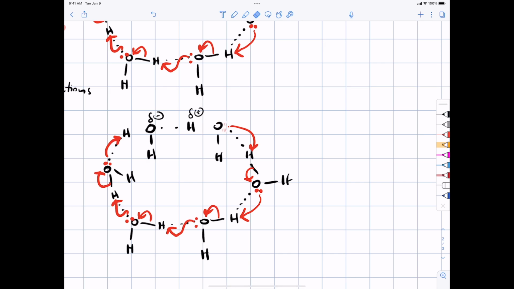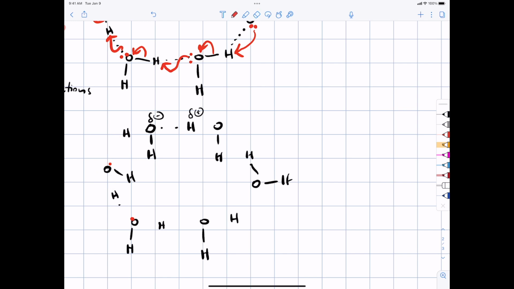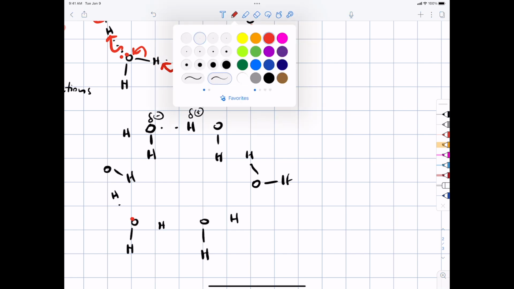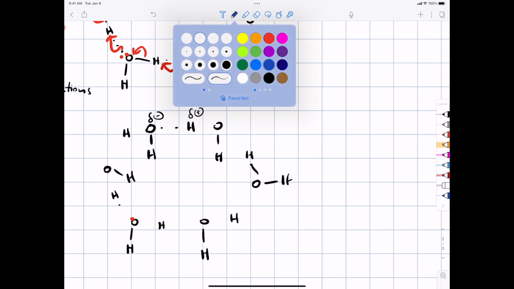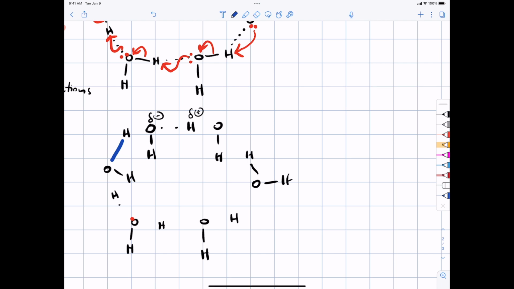I'm going to erase all the bonds we broke. Okay, and I'm going to replace them with the new bonds here. Let's draw the new bonds in light blue.